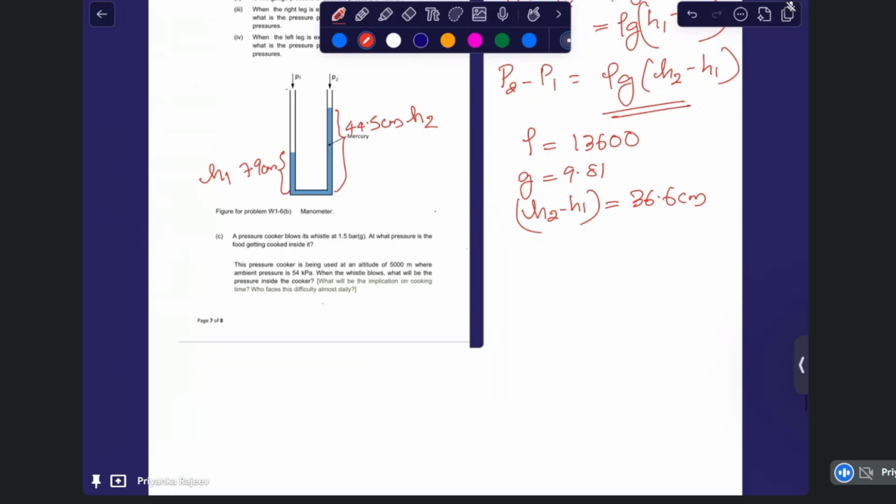Okay, so if we calculate, that will be altogether 48.79 kilopascal. Okay.